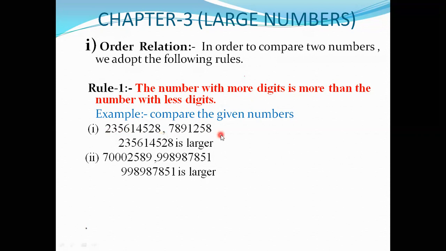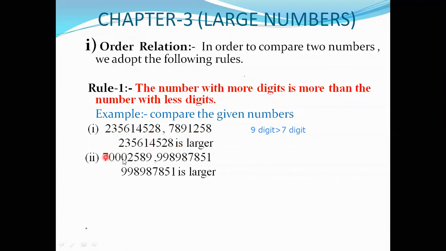The first number has 9 digits, and the second number has 1, 2, 3, 4, 5, 6, 7, so 7 digits. 9 digits is greater than 7 digits. So this number is larger.